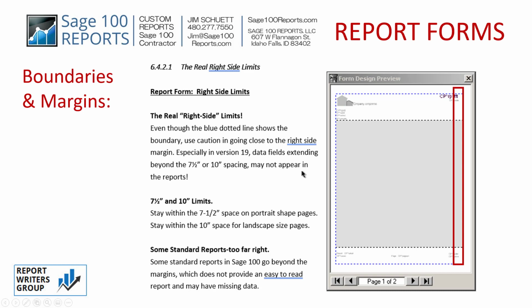Especially in version 19, data fields extending beyond the 7.5 inch or 10 inch spacing may not appear in the reports. So basically, if your dotted line is here, as you can see where the gray area box is, if you go beyond that, data may be cut off when you print the report. So just something to be aware of.